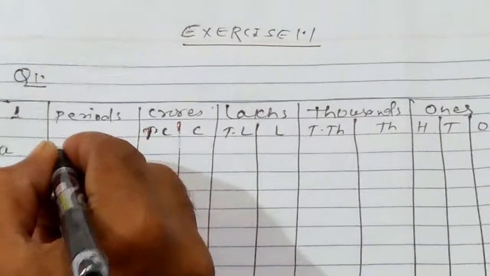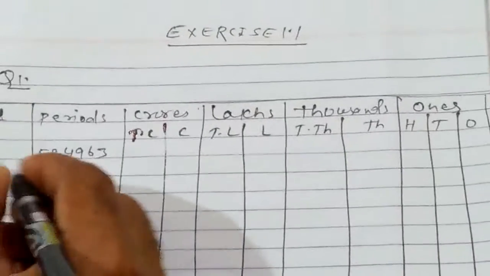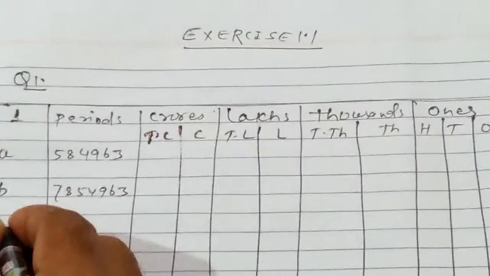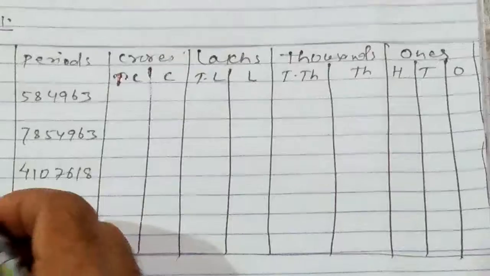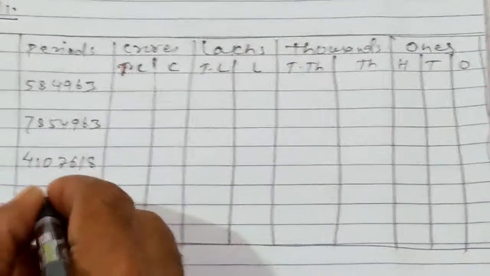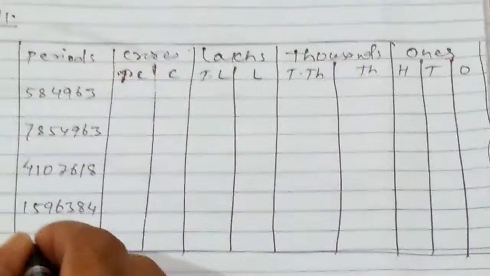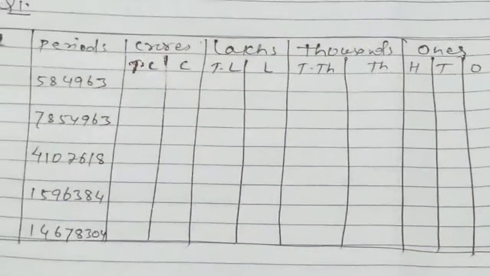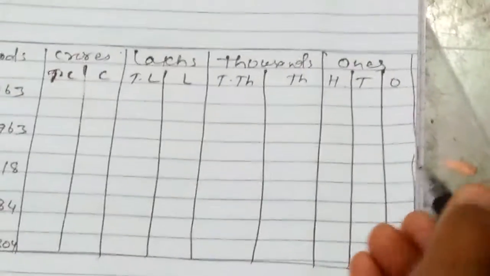A 584963, B 7854963, C 4107618, D 1596384, and at last E 14678,304. It is some numbers that we are placed in this period.